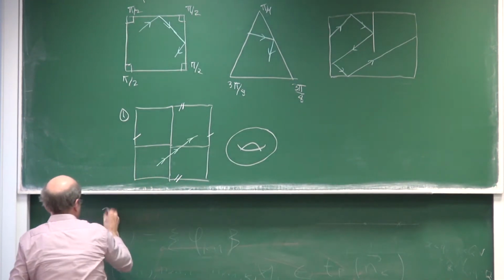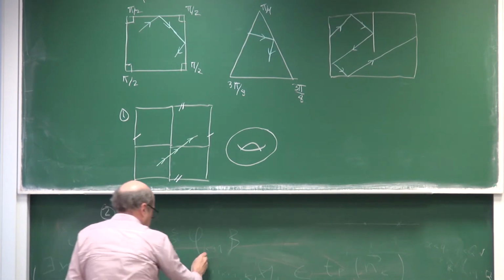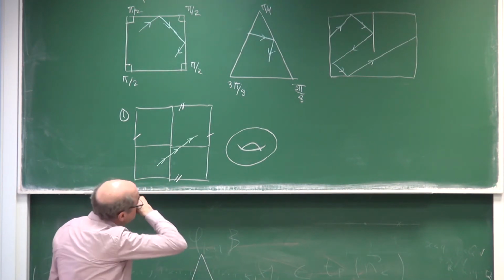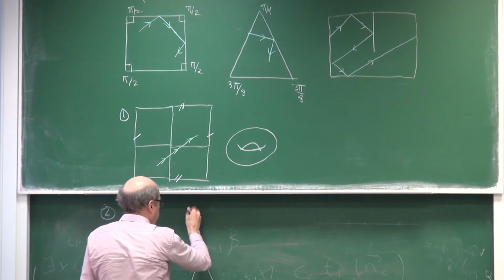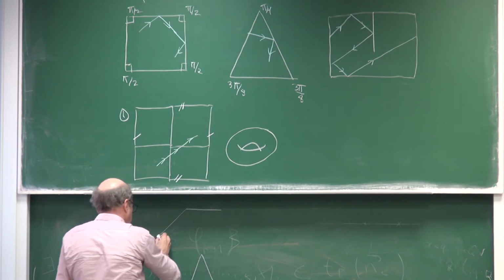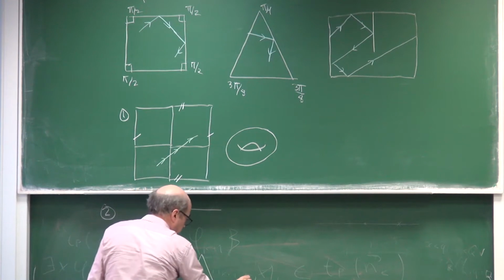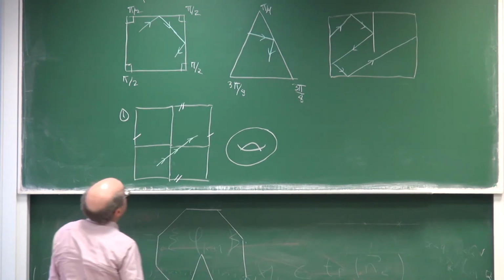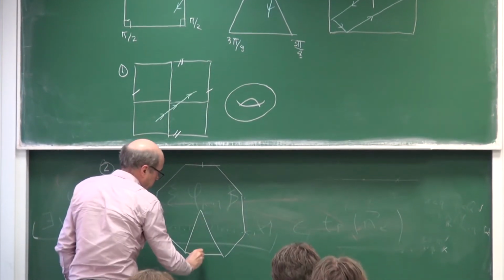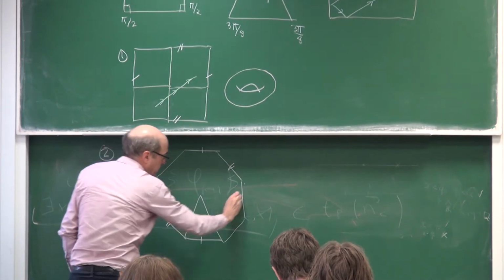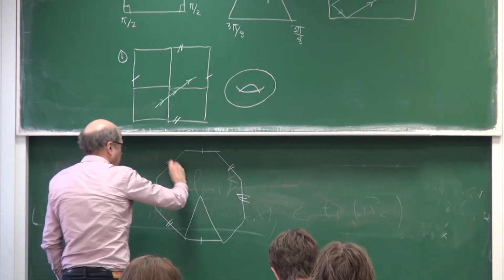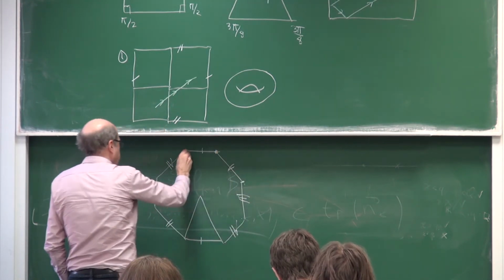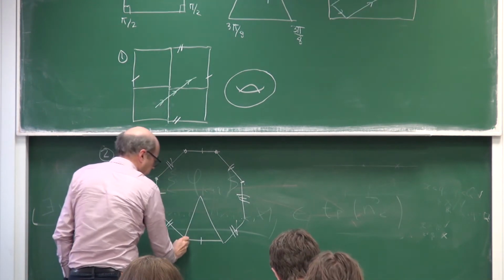In case 2, again, we can do an unfolding construction. So we start with this isosceles triangle, and we can unfold it to get an octagon, a regular octagon. Okay, and in this case, we would have an identification of sides in the following way. And this identification of sides induces a certain identification of the vertices.